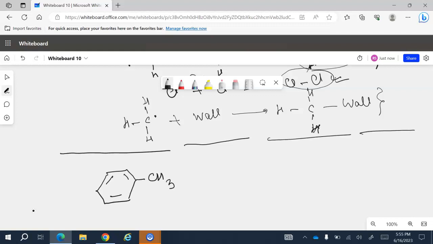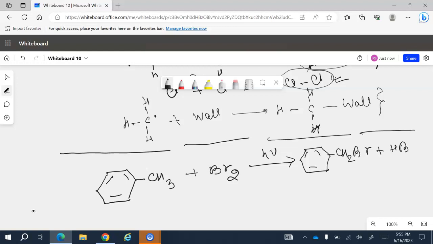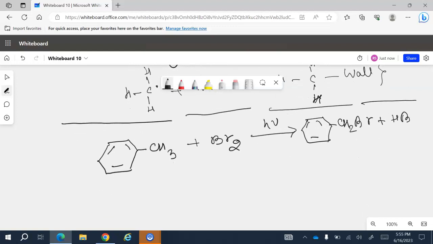Say toluene reacting with, for example, bromine in presence of sunlight to give benzyl bromide, C6H5CH2Br. This is the product. Now you are asked to draw the mechanism of that, and you may be wondering, how do I do that? We did not do that.